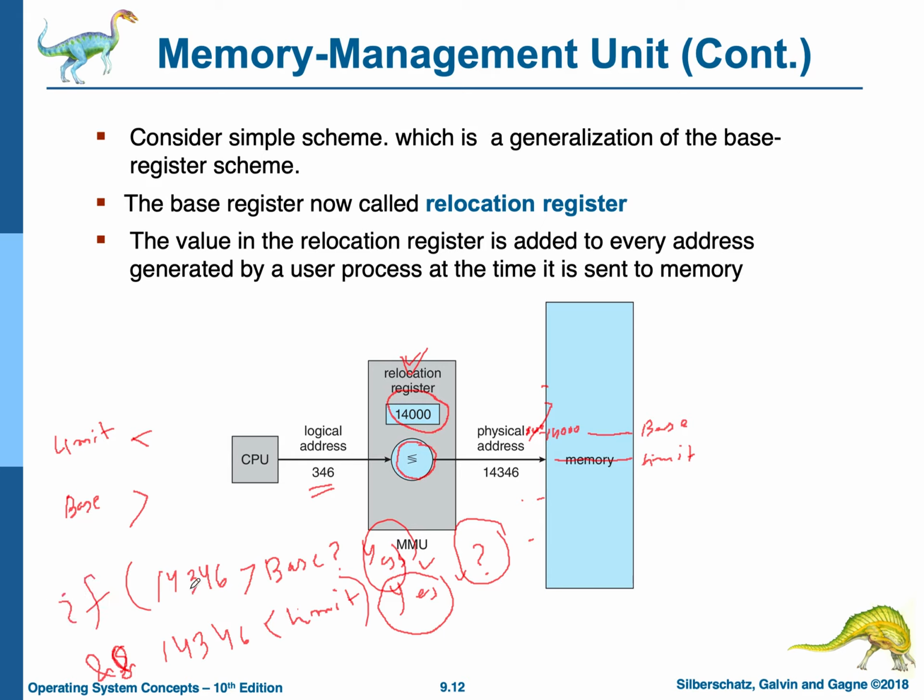If this memory address is greater than base and less than limit, then only you are allowed to map. Then we call the mapping function here, the memory mapping using the MMU. So consider the simplest scheme.